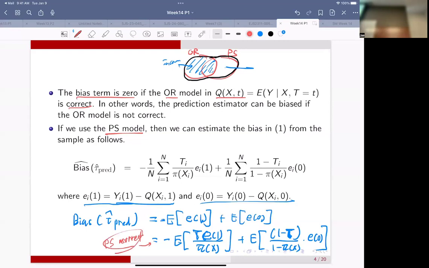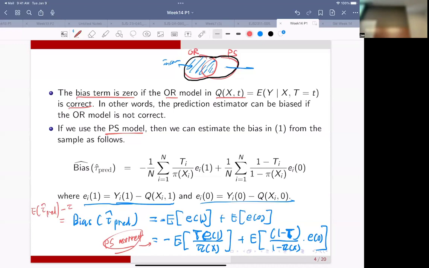And after that, this is a bias. Bias itself is a parameter, right? Because bias is an expectation, and expectation is a parameter. So you want to estimate it from the sample.